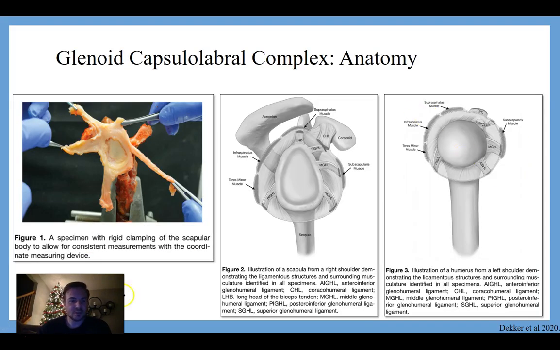If we move on, this is just another picture that I think helps you visualize this. I'm a visual learner. Hopefully you are too. This is someone's left scapula. Here's the spine of the scapula. Here's the body. Inferior angle is down here. Here's the anterior face of the glenoid. This is the biceps tendon coming off the top, right?